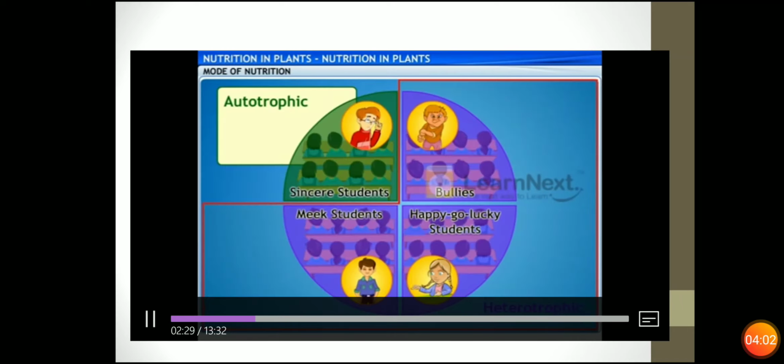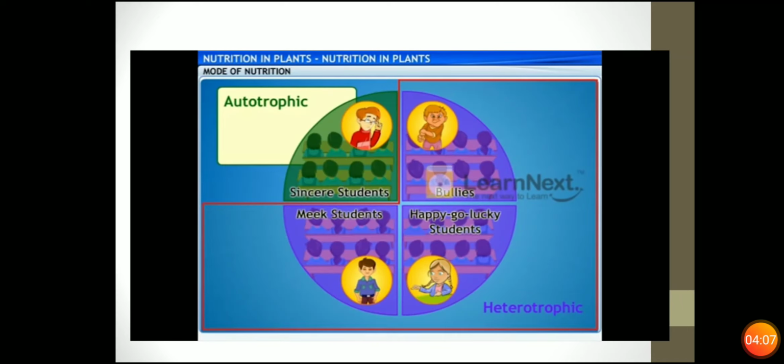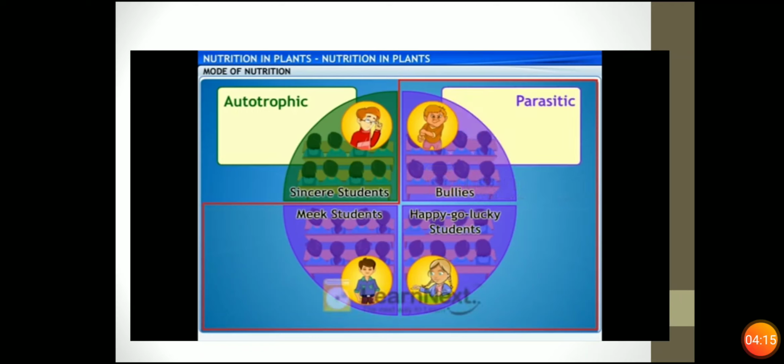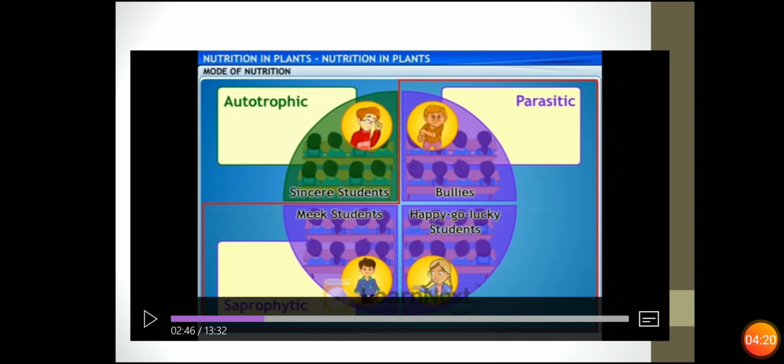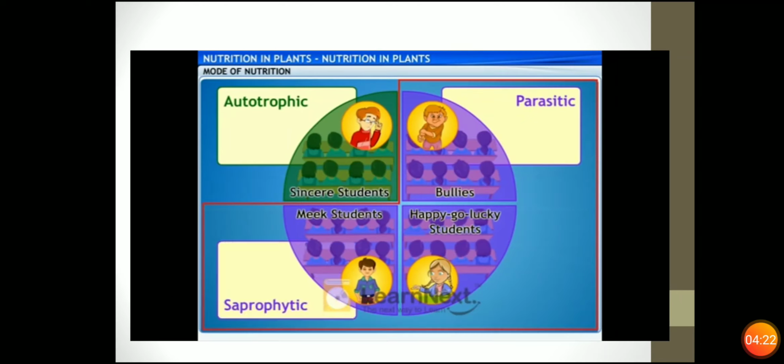The other 3 groups are similar to the kids who used to get their homework from others. These plants depend on others to provide them with nourishment. Now these other 3 groups depend on others, so they are heterotrophic. Heterotrophic plants can be further divided into parasites, similar to bullies, saprotrophs, and symbiotic plants. So these 3 are the heterotrophic mode of nutrition which directly or indirectly depends on plants. So we have 2 types of nutrition, that is autotrophic nutrition and heterotrophic nutrition.